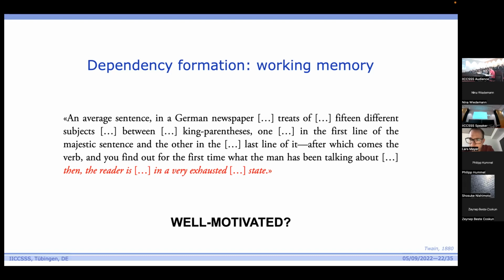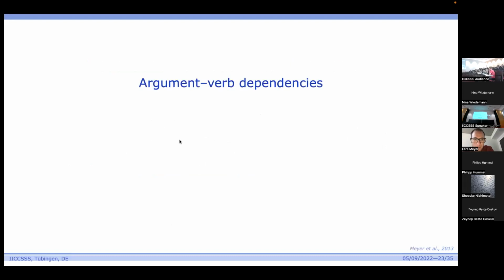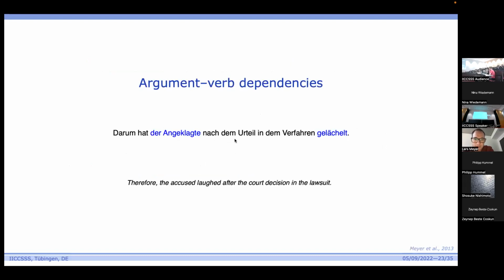Is this well motivated? Not if Mr. Twain says so, but there's a lot of evidence from behavioral work that dates back 40 years, I think, that dependencies are memory intensive. You have these, for instance, in argument verb dependencies, when you have a subject and the main verb.